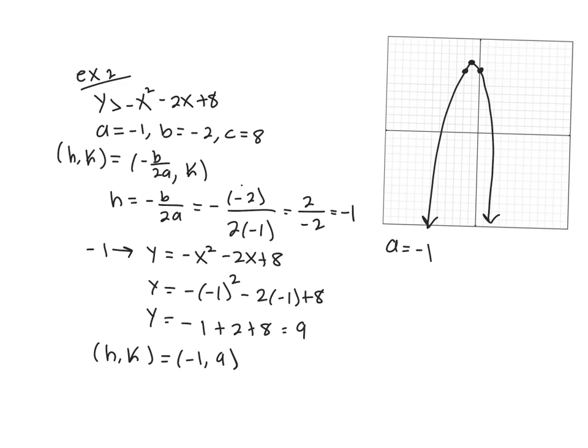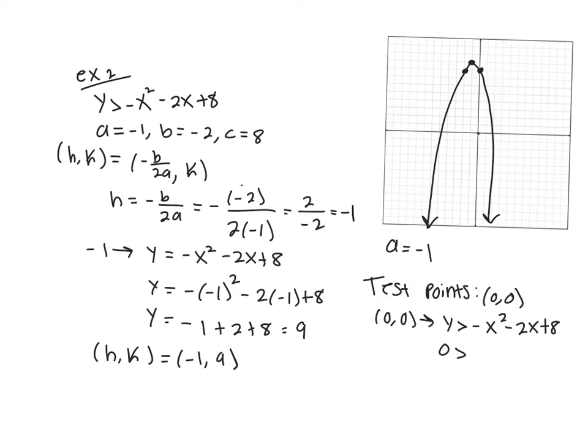So I need to find my shading now, so I'm going to do test points. The test point I want to pick is 0, 0. 0, 0 is inside the parabola. So I'm going to substitute 0, 0 back into the inequality, because the inequality is what tells us the shading.